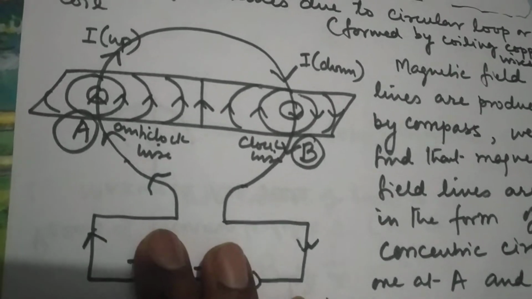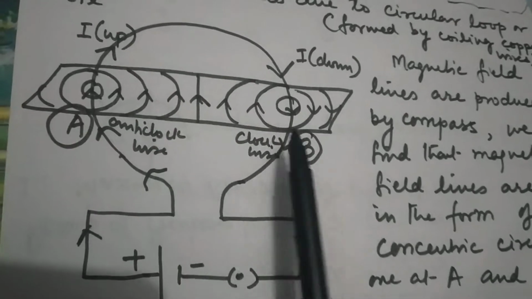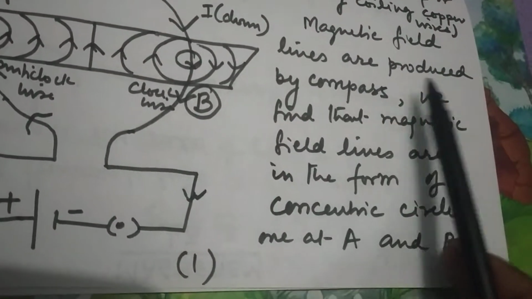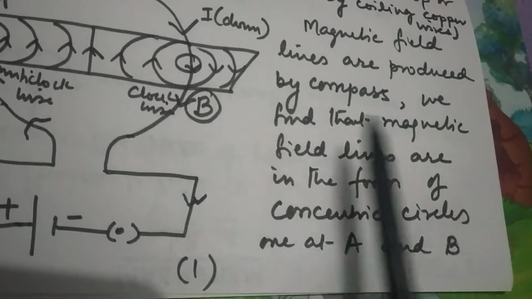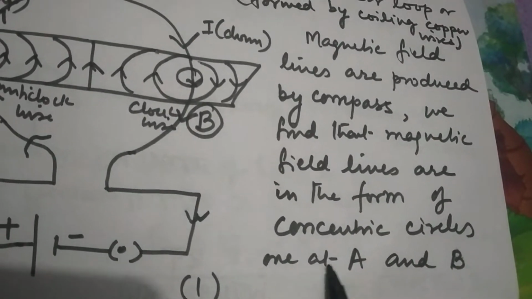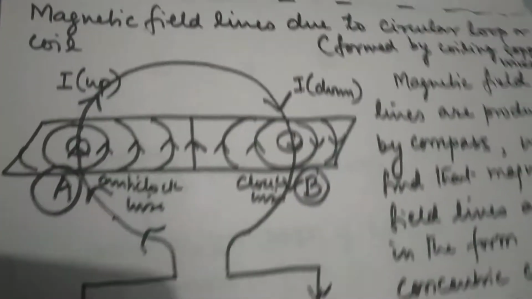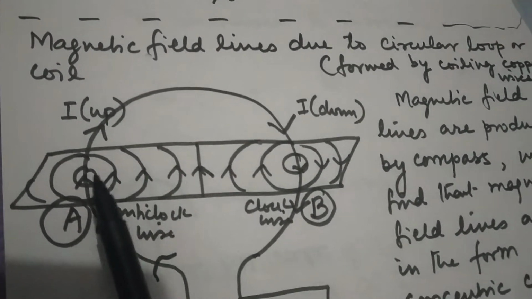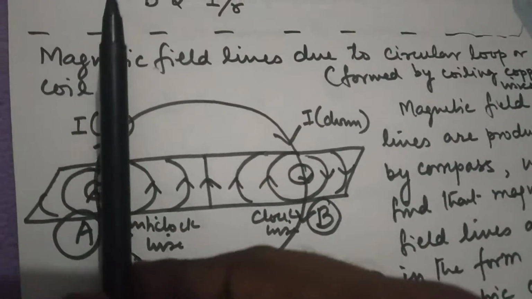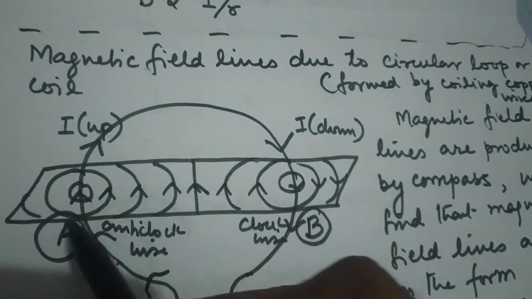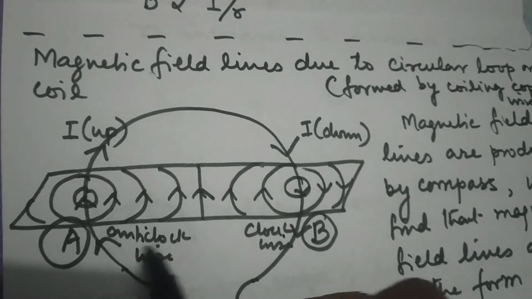Dear student, please follow that we get two pairs of concentric circles. I have already written these things here. The magnetic field lines are produced by a compass. We find that the magnetic field lines are in the form of concentric circles, one at A and one at B. You can easily see the concentric circles at A and B. If the current is up, the magnetic field lines follow the rule, so your fingers move in the anti-clockwise direction, as I have written.